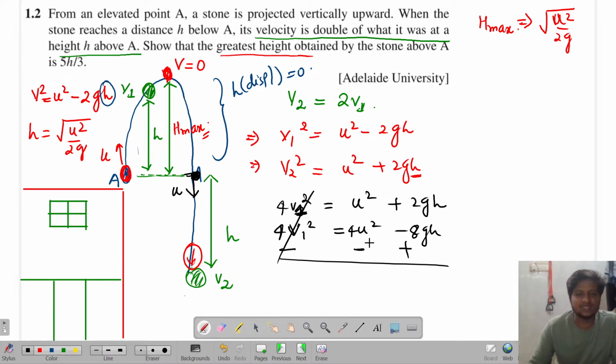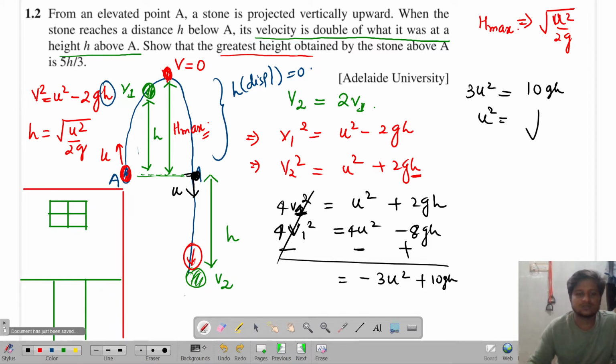So this will get cancelled and this will be what? Minus of 3u square and plus of 10gh, got it or not? So 3u square is equal to 10gh, and you got u square is what? It is equal to 10gh by 3, yes or no?